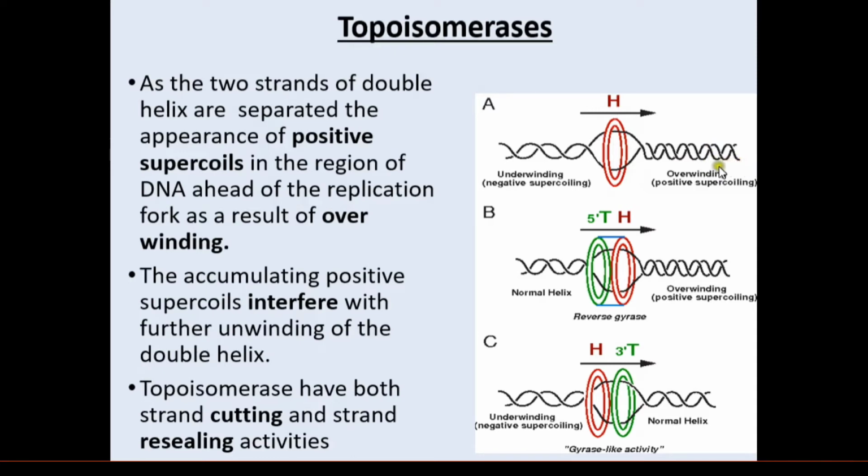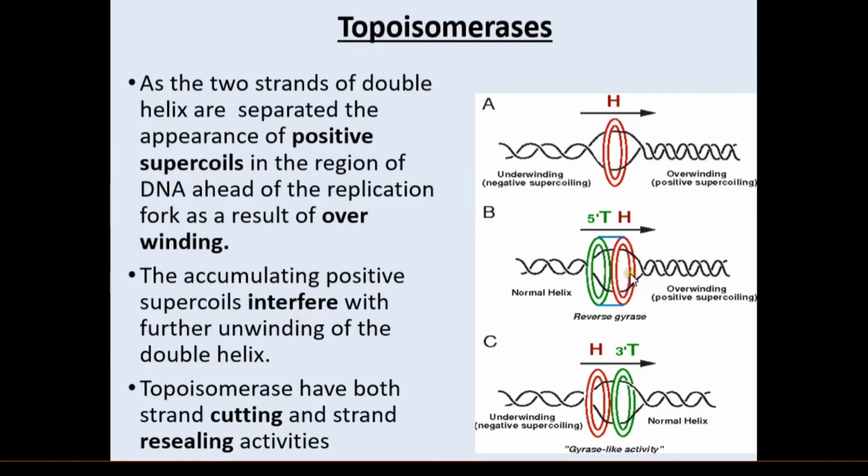Here in this picture you see that due to opening of the double helix, the positive supercoiling or overbinding of the DNA occurs, and the accumulating positive supercoiling interferes with the further unwinding of the DNA double helix.